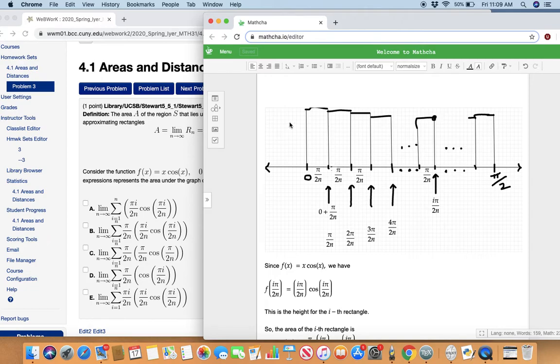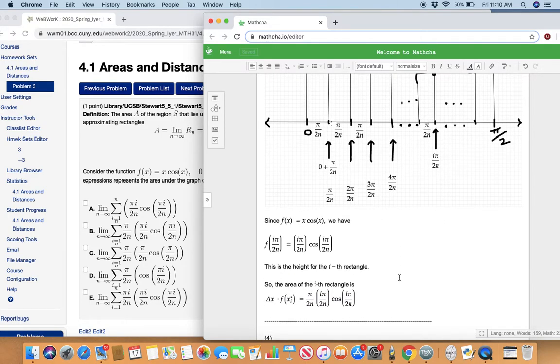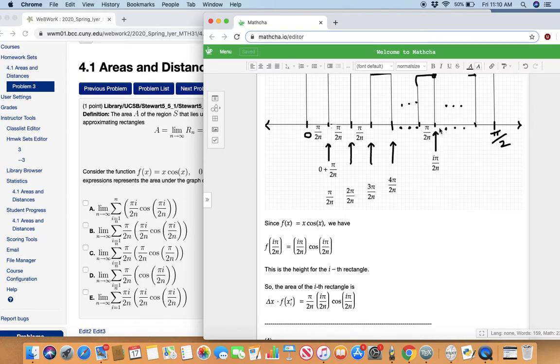So that's what this R mentions. It's very important to remember this is right. So on my subinterval, I'm looking at the rightmost point and using f to find the height of the rectangle. Once I know that, what is the area of this rectangle? Area of the ith rectangle is width, that's what delta x represents, times f of that chosen number on the x-axis.